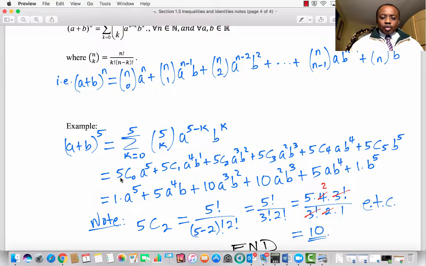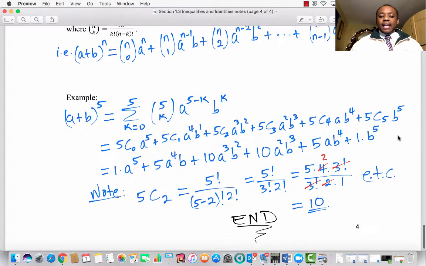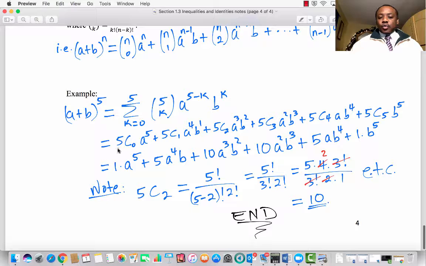So we can write this all out as 5 combination 0, a to the 5, plus 5 combination 1, a to the 4, b to the 1, and so on, plus 5 combination 5, b to the 5. And all I have to do is to compute 5 combination 0, 5 combination 1, 5 combination 2, 5 combination 3, 5 combination 4, and 5 combination 5.